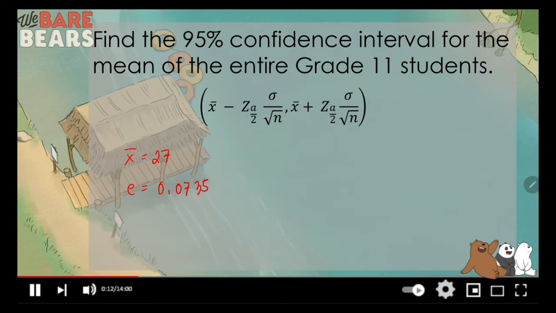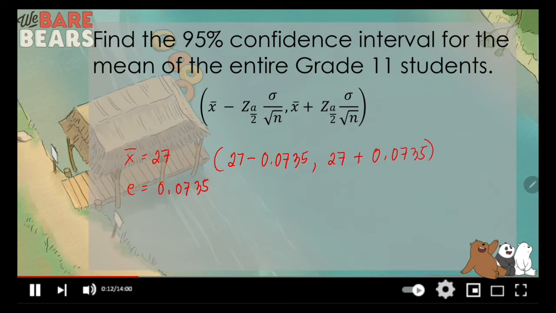So, first, let us have the lower bound. We have the sample mean, which is 27, minus the margin of error, that is 0.0735. And for the upper bound, we have 27 plus 0.0735.